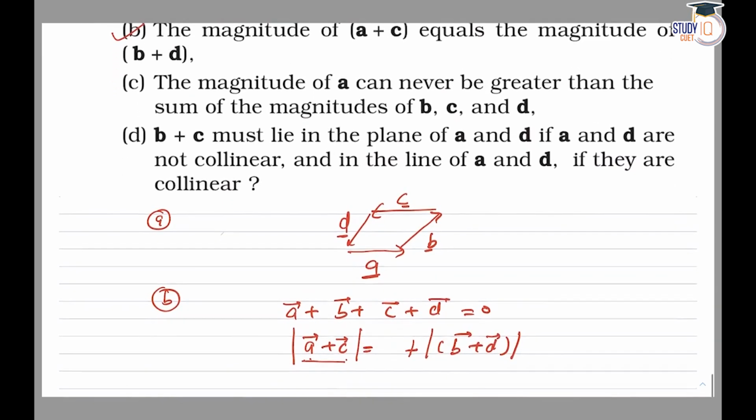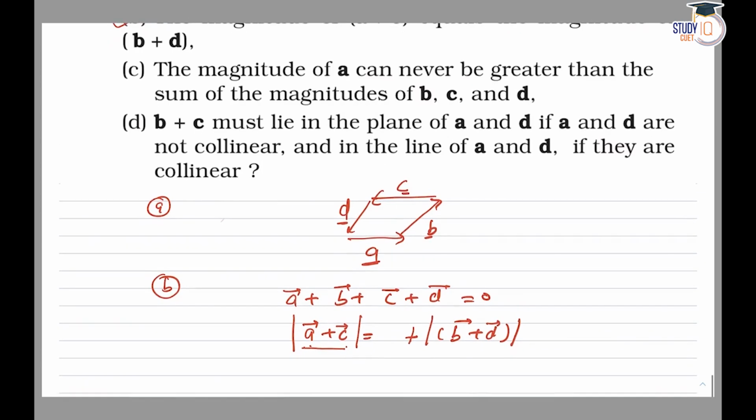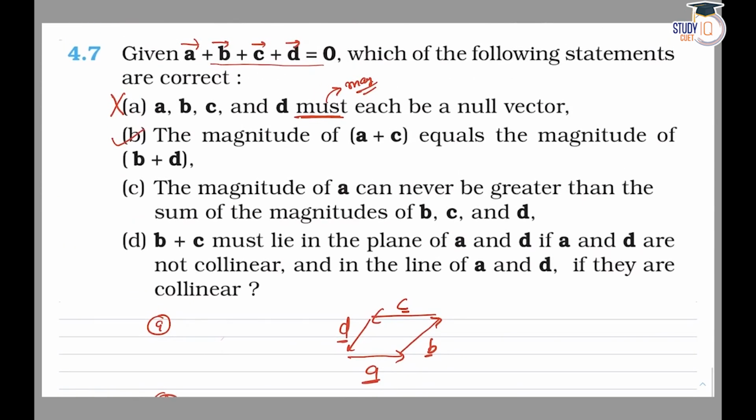Coming to C part, magnitude of A can never be greater than sum of magnitude of B, C and D. So what we are given is that A vector can be written as minus of B plus C plus D, because A plus B plus C plus D is equal to 0. इन तीनों को इधर लेके आए तो क्या आ गया?